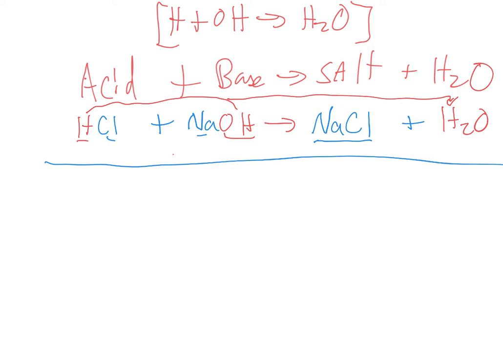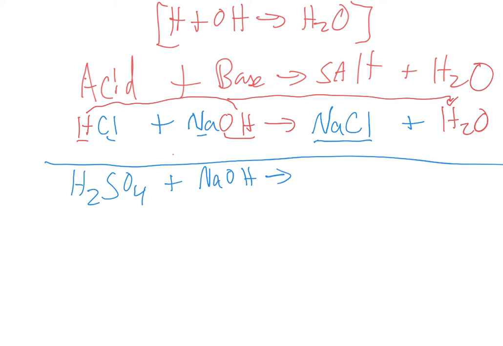So one of the acids that we can look at is H2SO4, which is sulfuric acid, and we can look at mixing that with a base of, let's just use sodium hydroxide, so NaOH.